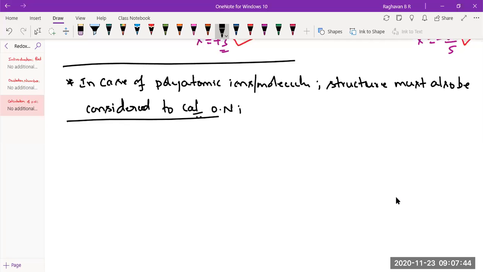Okay, you should know the structure, otherwise it becomes wrong. Okay, how is that exactly?